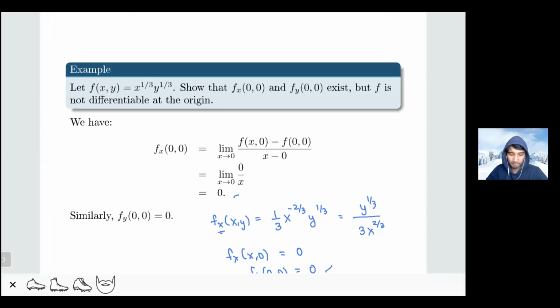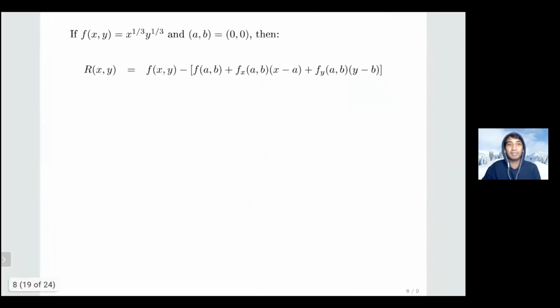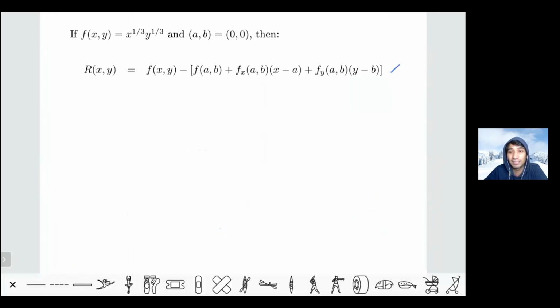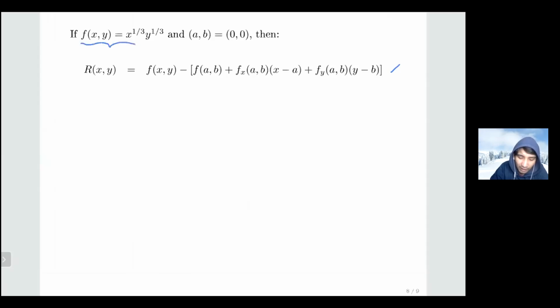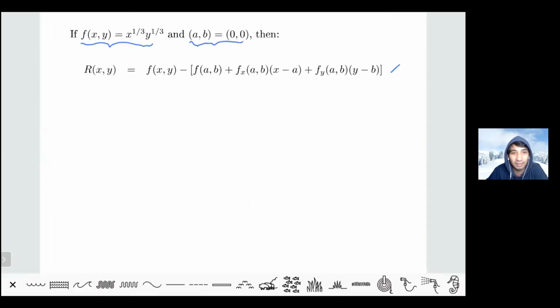Okay? Now, bakit hindi siya differentiable? Well, the answer lies in the third condition. No? Sa third condition, merong r of xy na dinefine. So, nilagay ko ulit siya dito. So, r of xy is this long expression here. Okay. Kung ang f of xy natin ay x to the 1/3, y to the 1/3, tapos yung ab natin ay yung origin, dyan tayo nag-check ng differentiability.